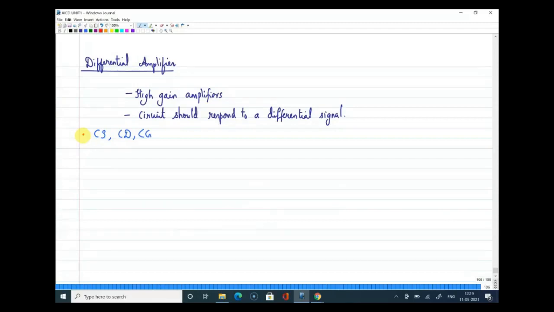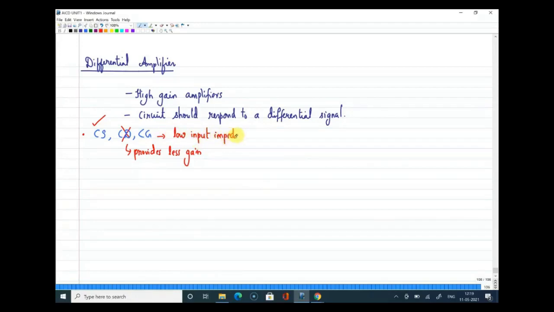CS, CG. Yes. Most likely we will go for CS and CG because both have some gain. But in case of CD, CD is not at all an option because CD provides unity gain, less gain. Now, then we have CS and CG. Yes, of course, CS is a suitable candidate. Now, coming to CG, we can use CG, but there is a problem with the CG amplifier. The problem is the input impedance of the CG amplifier is very low.